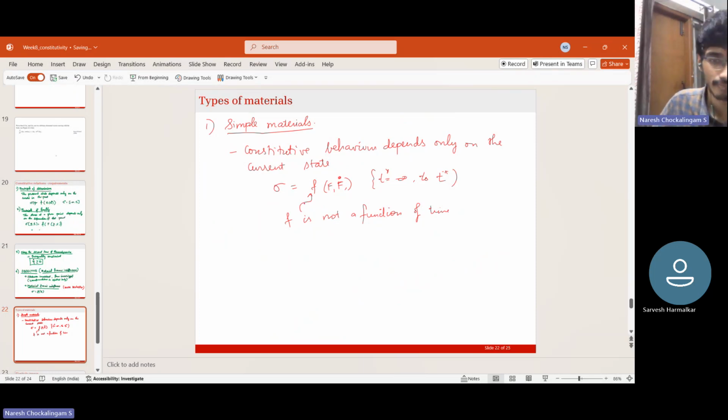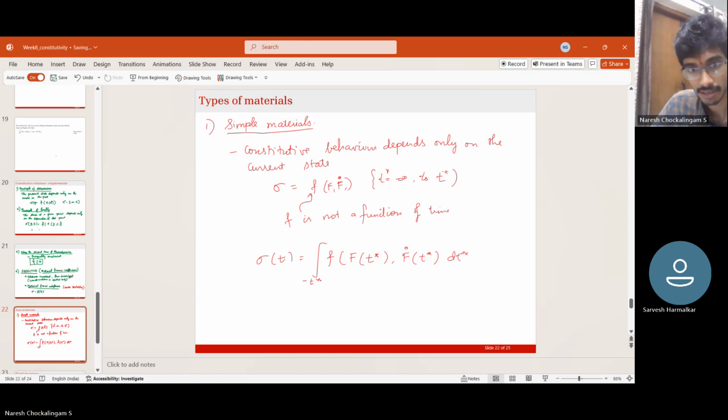So the stress response at the current time is some function of the deformation gradient and the rate of deformation gradient at all times from minus infinity to the current time. So this is the definition of a simple material.